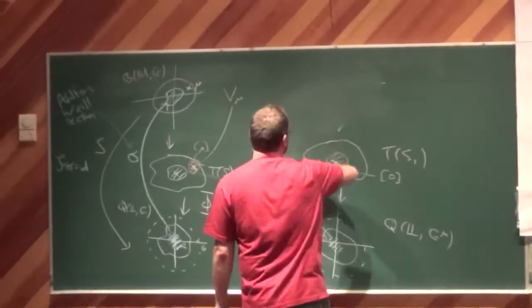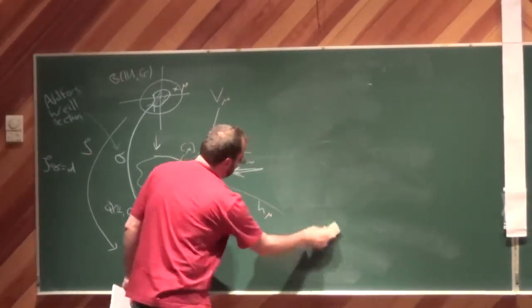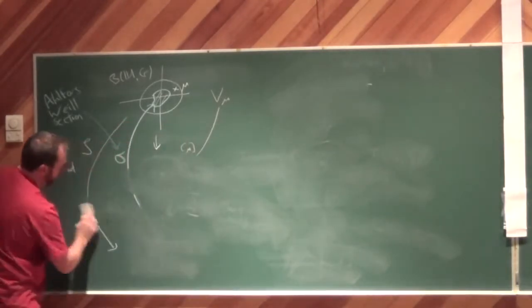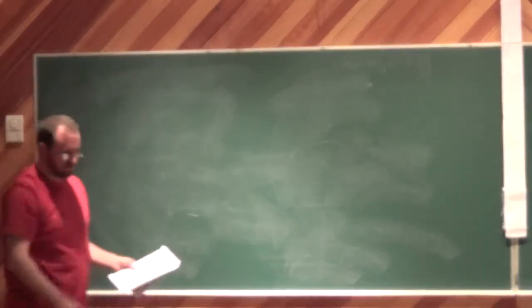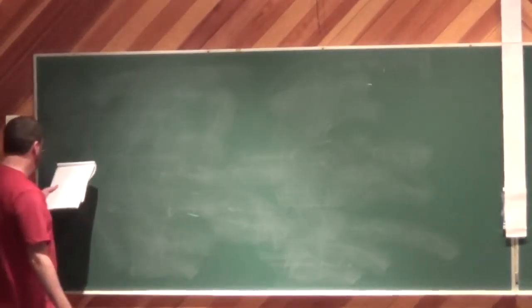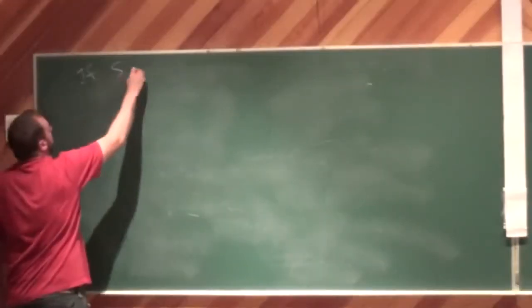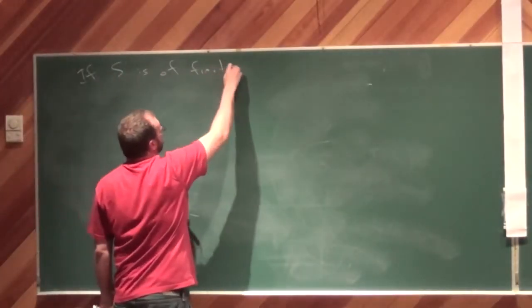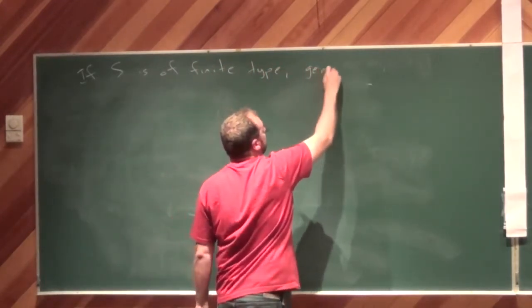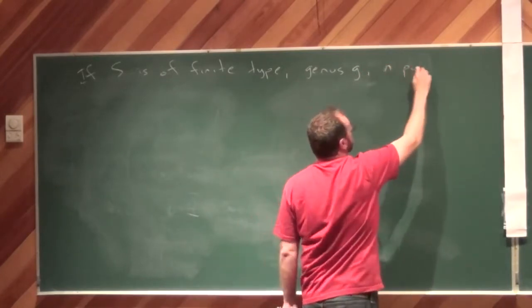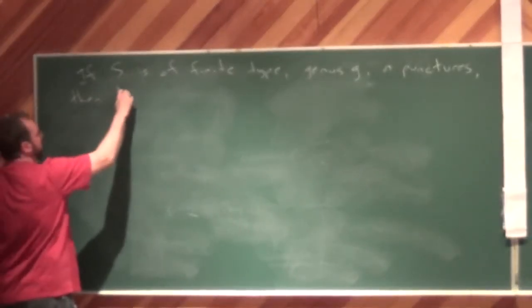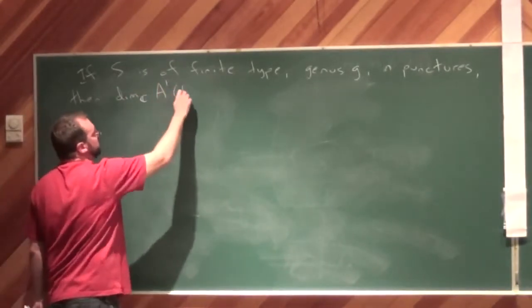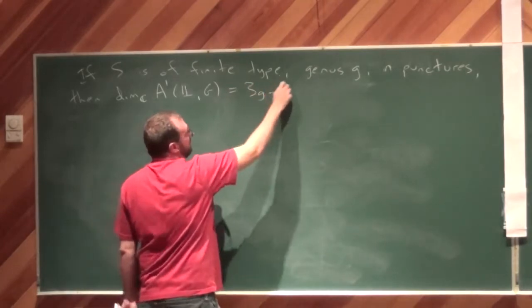If S is of finite type, so that means genus G and n punctures, then the complex dimension of this Bergman space is 3G minus 3 plus n.